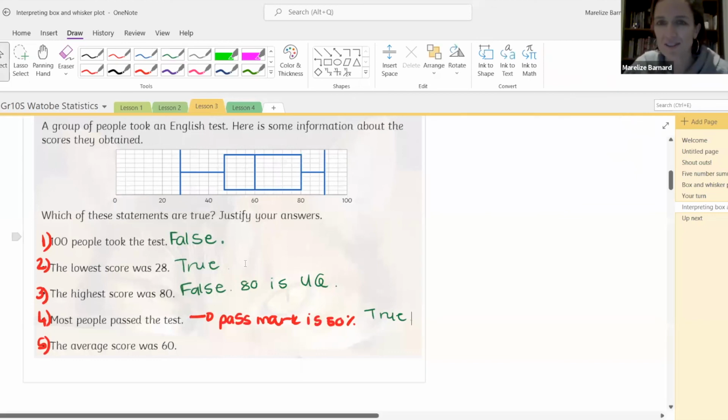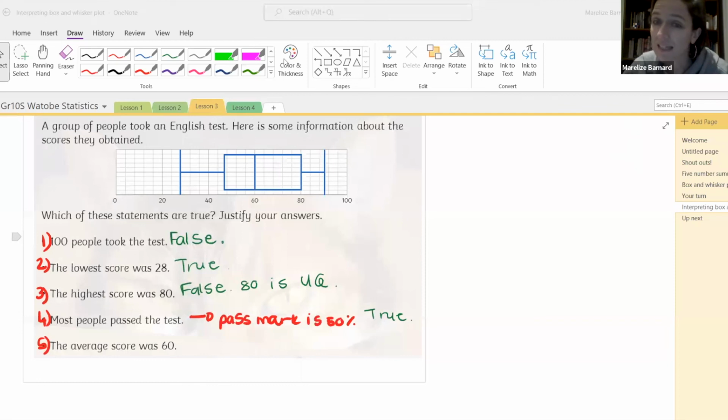And then the last one, the average score was 60. One last chance. People say true. Yes, it was true. The average, guys, the mean score, 60. Is the mean score 60? How can we calculate the mean if we don't know?